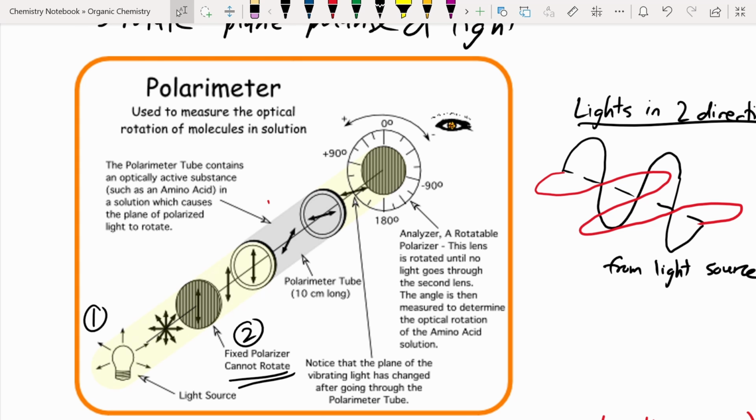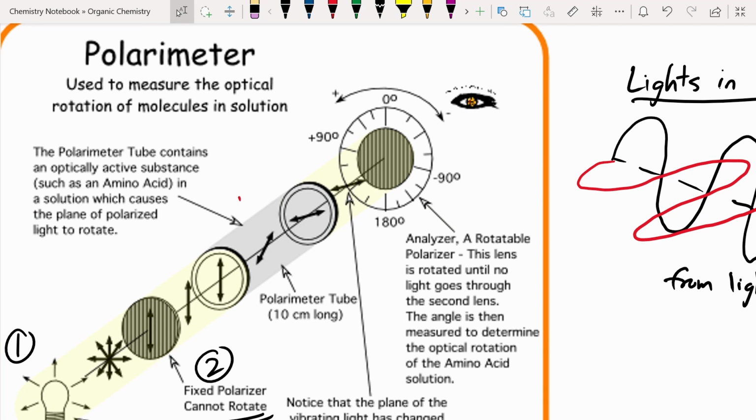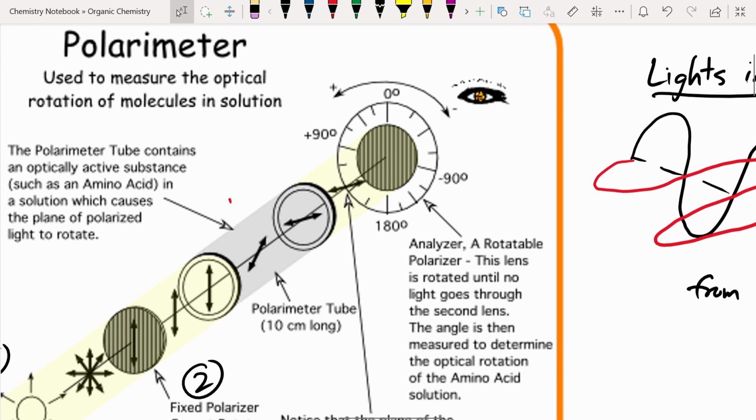And then after passing through this polarizer, it will pass through the polarimeter tube, which will contain an optically active substance. And this optically active substance will help to rotate the plane polarized light, whether clockwise or anti-clockwise.